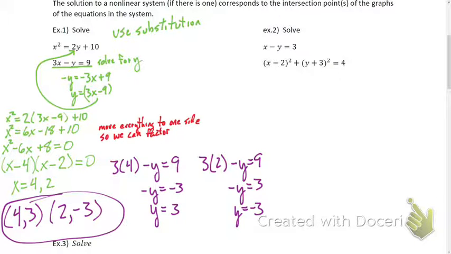All right, let's try another one. I would approach it the same exact way. I would use substitution. And I would solve for one of the variables here. Let's solve for x.